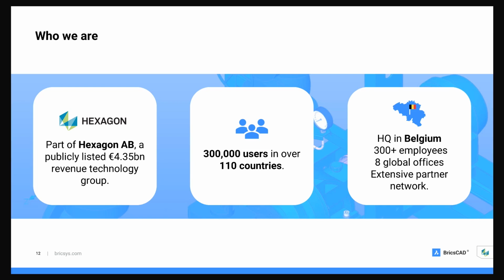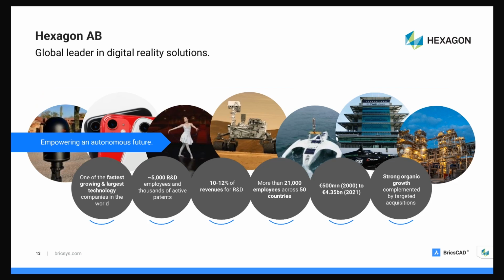Bricsys celebrates its 20th birthday in March. It was brilliant. We were young, so we've done it right. We're headquartered in the beautiful city of Ghent in Belgium, and we've got 200 plus employees across 8 countries. As I mentioned, we're part of Hexagon AB, a global group and a leader in digital reality solutions.